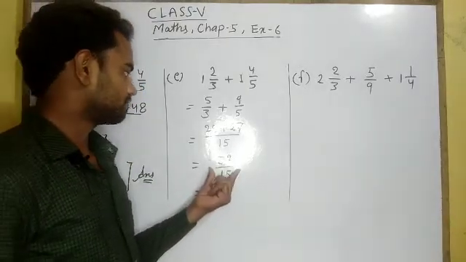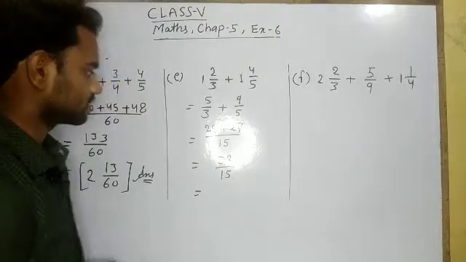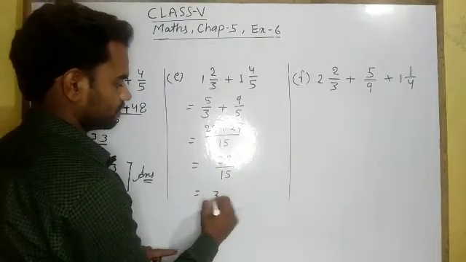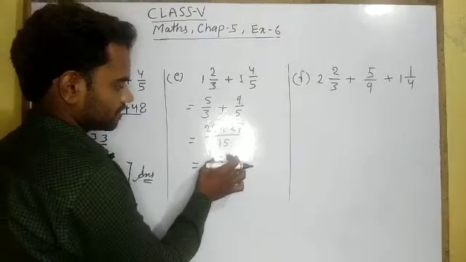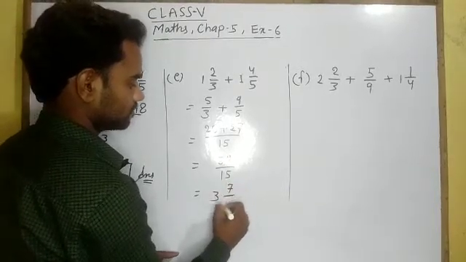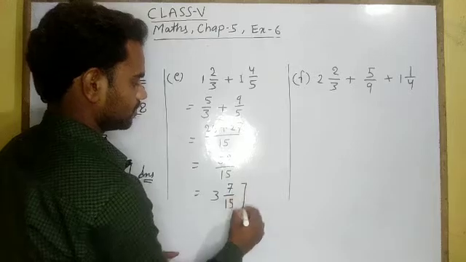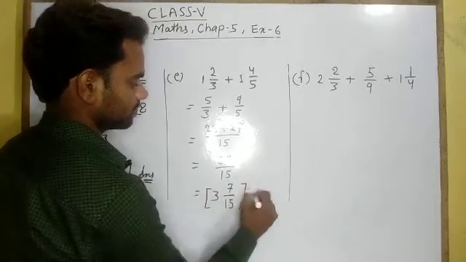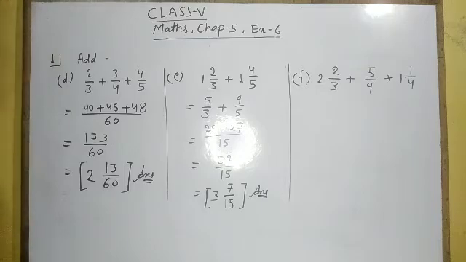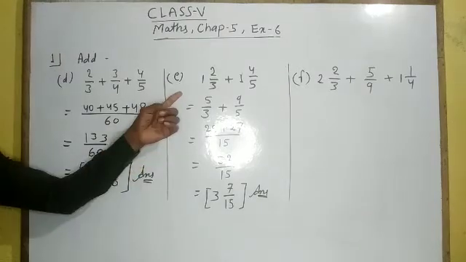Now convert this improper fraction into a mixed fraction. So it will be written as 15 threes are 45. Subtract 45 from 52. This will be 7 upon 15. Now the answer will be 3 whole 7 upon 15. This is the answer of part E.